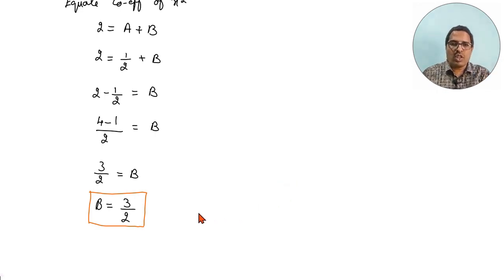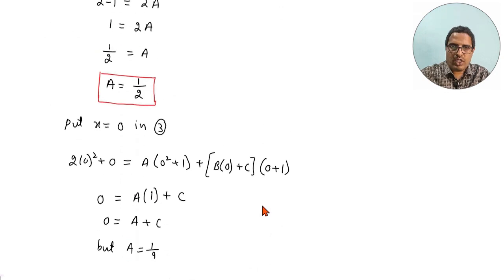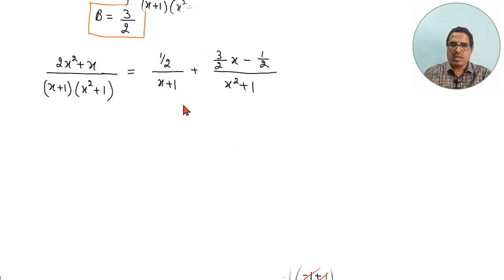So we have got all the three values a, b and c. We need to plug in all these three values back over here in this equation number 2. So let us just try to plug in these values of a, b and c in this equation number 2. So then equation 3 can be rewritten in this form after substituting the values of a, b and c.